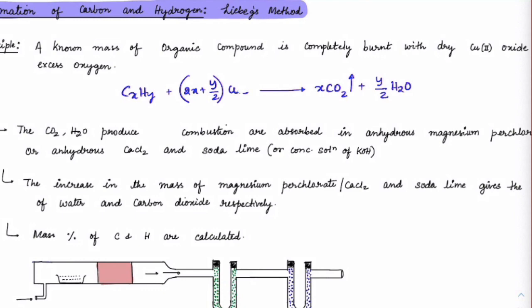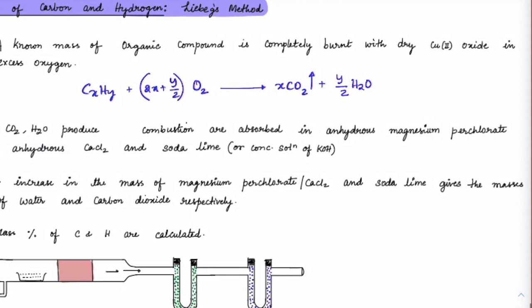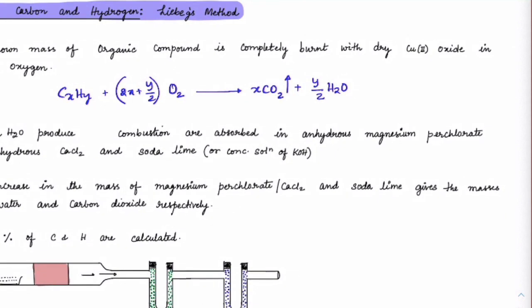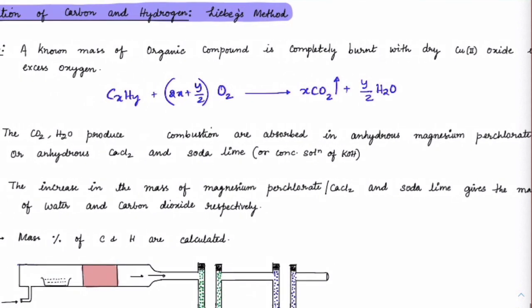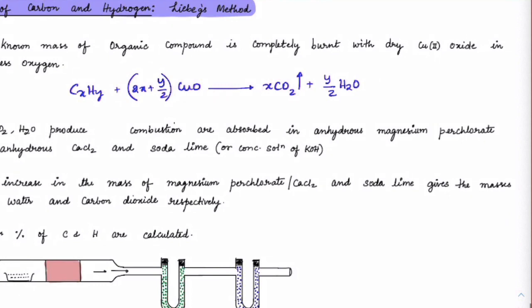Sorry, this is O2, no? y/2 moles of this, got it? And because I am taking CuO initially, how much amount of copper will get reduced? We will have (2x + y/2) moles of copper getting reduced.